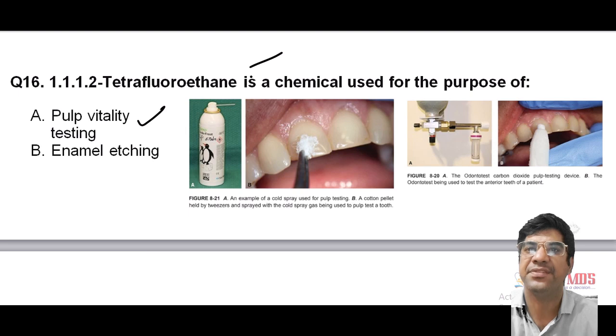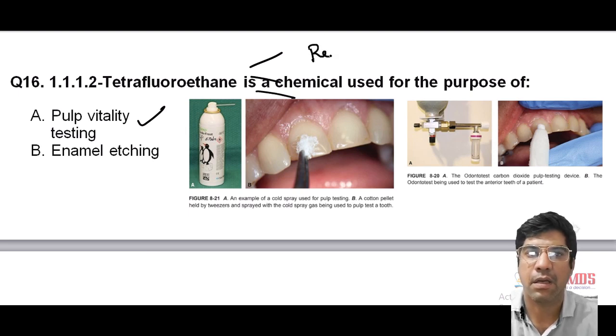So what are the various tests that we can perform? The traditional method is to use ice, where a piece of ice is used to provide a cold stimulus to the tooth, or carbon dioxide ice.